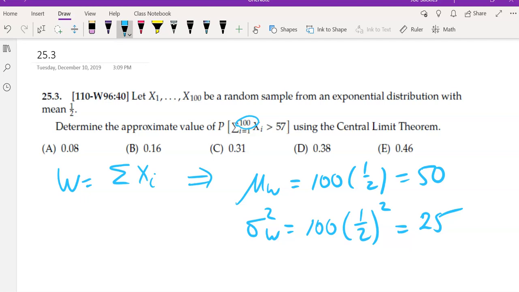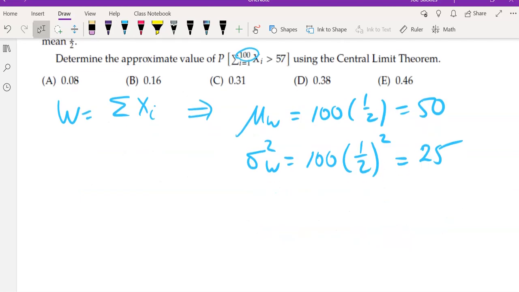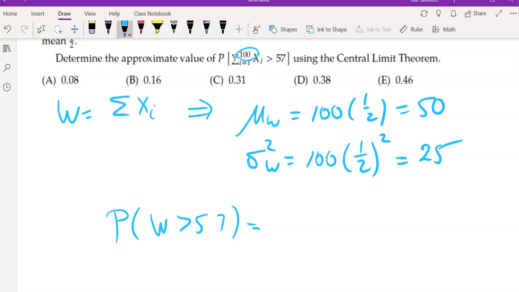We want the probability that the sum is bigger than 57, or the probability that W is greater than 57, not 50. So what do we need to do? Z-score. Yep, good. So the probability that Z will be greater than 7/5.